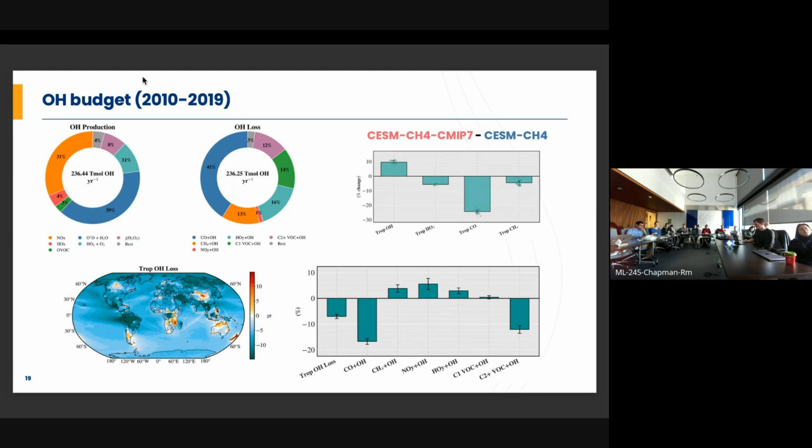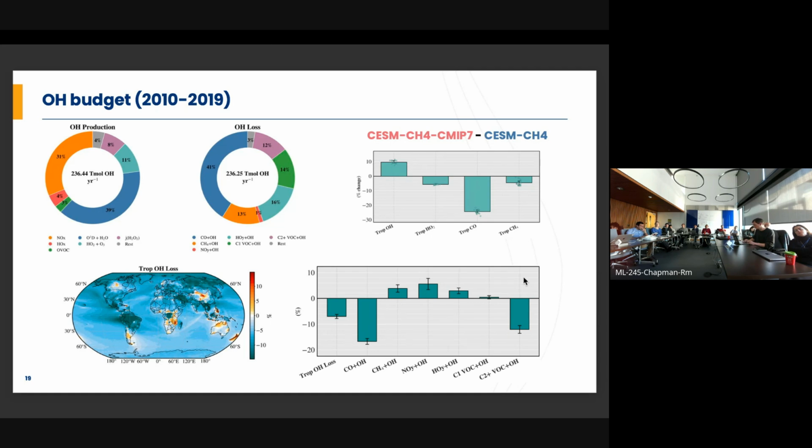So now we can compare the CMIP7 emission scenarios, the scenario, and you can see that it's mainly driven by the changes in CO emissions, where you get more tropospheric loss in the CSM methane simulation, which reduces OH, while in the CMIP7 scenario, then you will have higher methane oxidation, and that's why we're not simulating methane correctly.